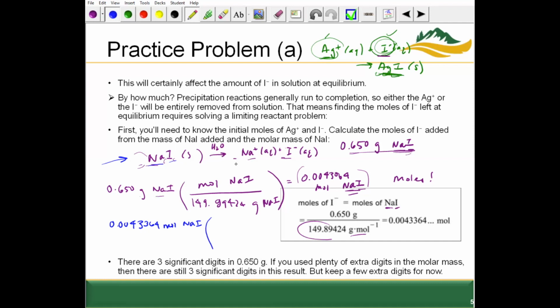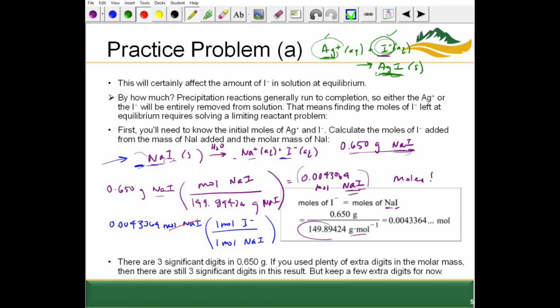So this is a 1:1:1 mole ratio. So it's a little bit more straightforward of a connection, but it's important to know how to work with this when it's not 1:1 molar coefficients. So here we're going to have for every 1 mole of NaI, 1 mole of I-.